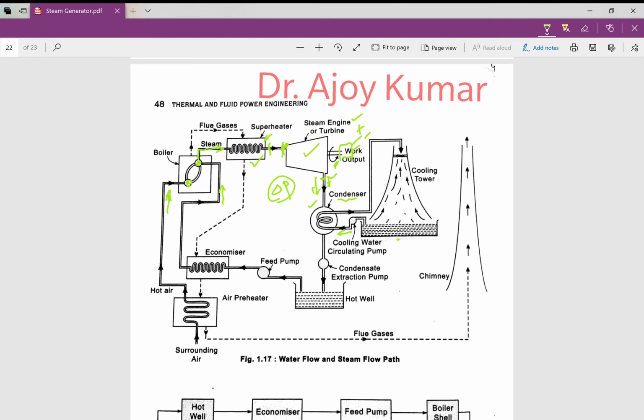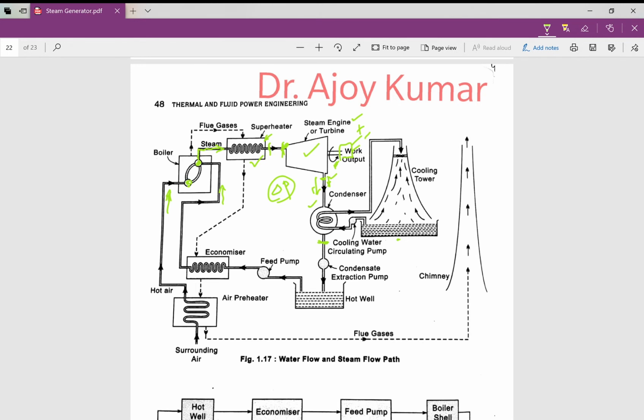So the cold water is supplied this way and it is circulated, and then we get hot water, and in this way inside the condenser heat transfer takes place, and here at the outlet of the condenser we get condensate, that is condensed steam in the form of water. So condensate is a technical term, that is condensed steam in the form of water, right?